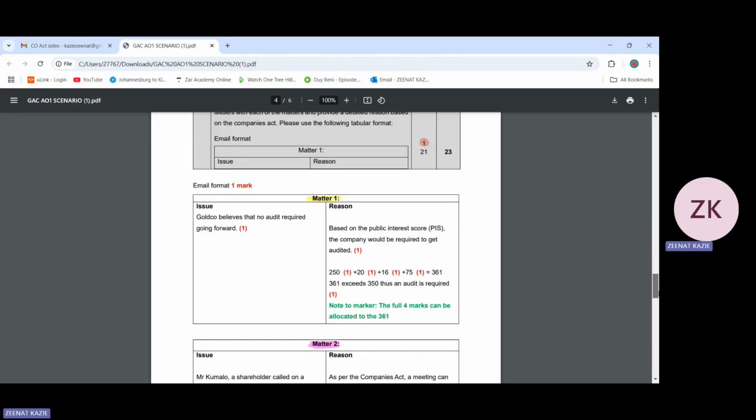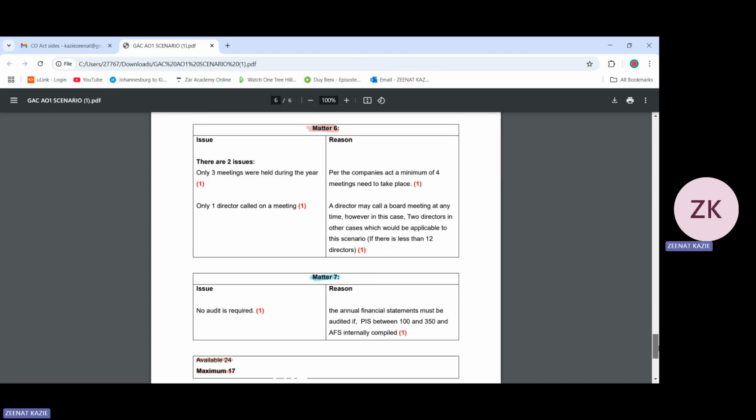So if we go to matter 7, the issue is obviously that no audit was required, and the Companies Act states that annual financial statements must be audited if the public interest score is between 100 and 350, and the annual financial statements are internally compiled.